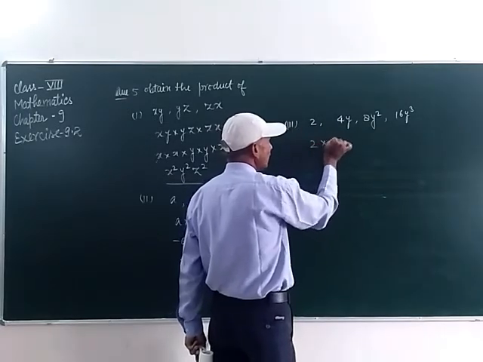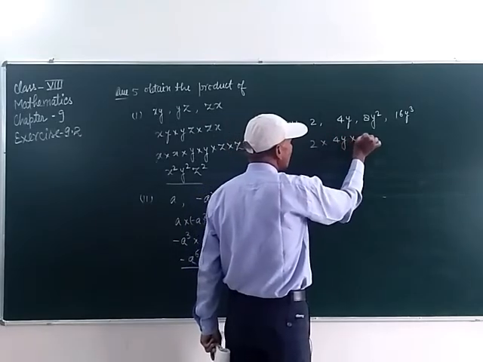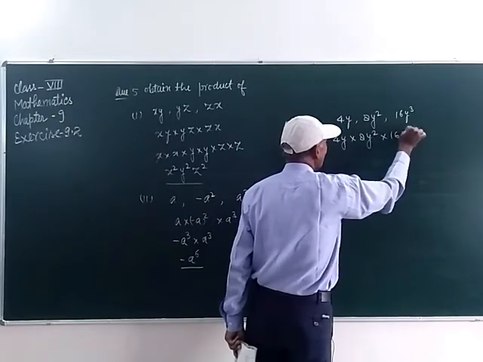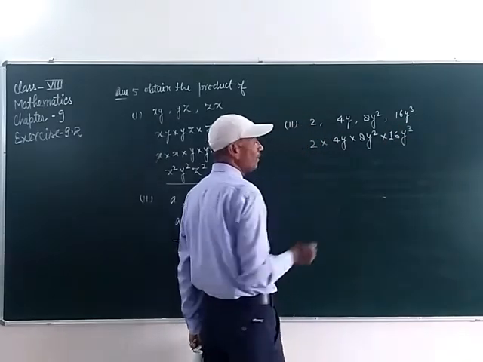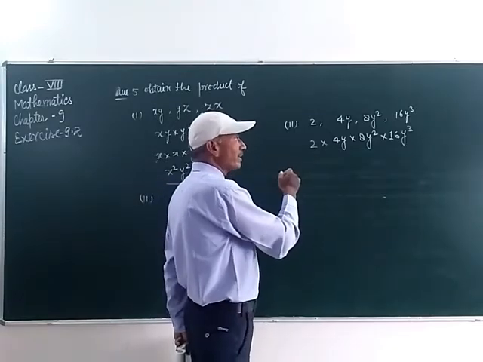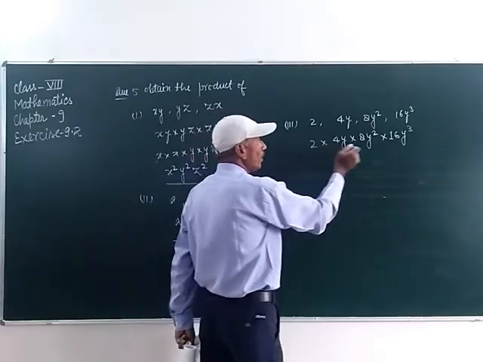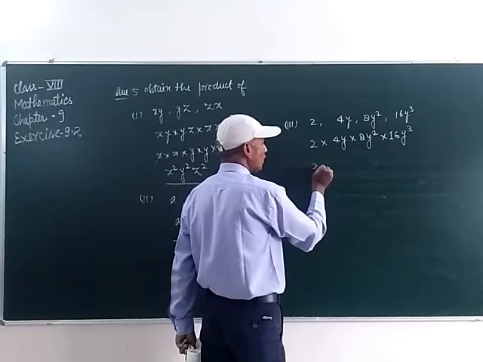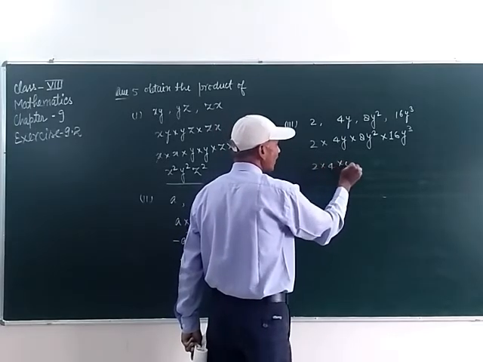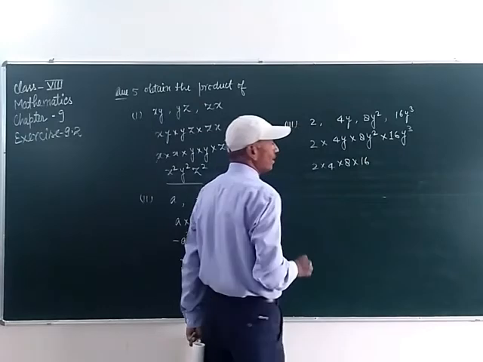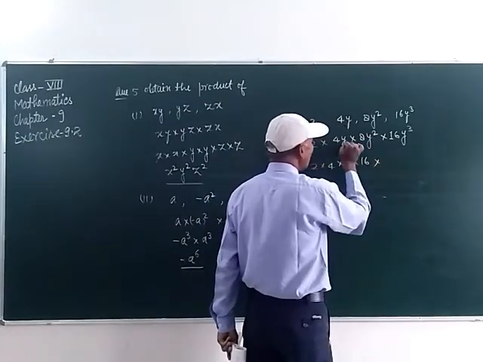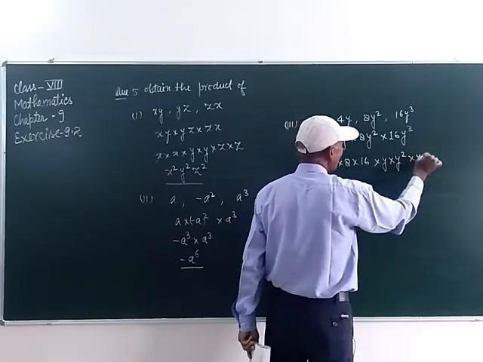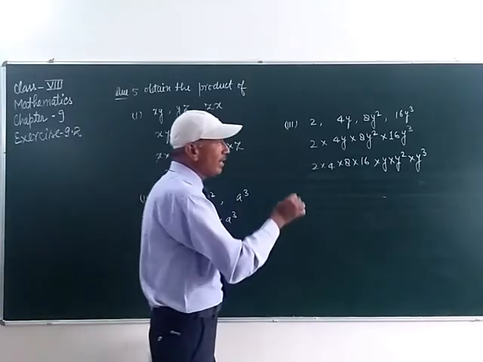So 2 into 4y into 8y square into 16y cube. Now first of all, we have to write the like terms one side, means we have to write the numbers one side and variables another side. So 2 into 4 into 8 into 16 and into y into y square into y to the power 3 or y cube.